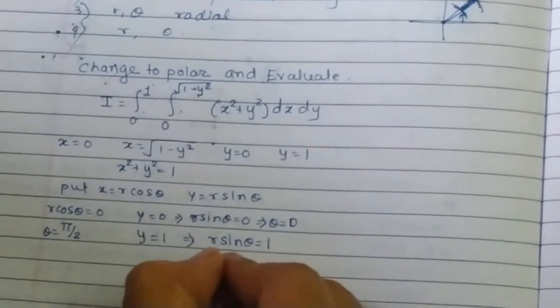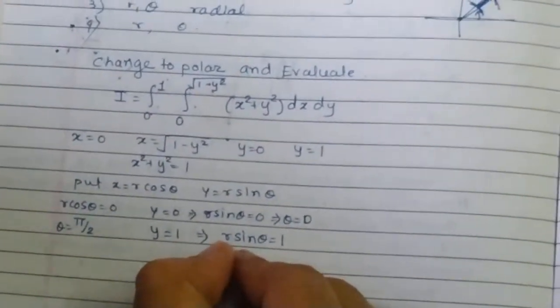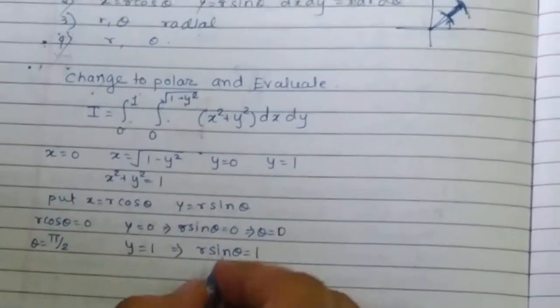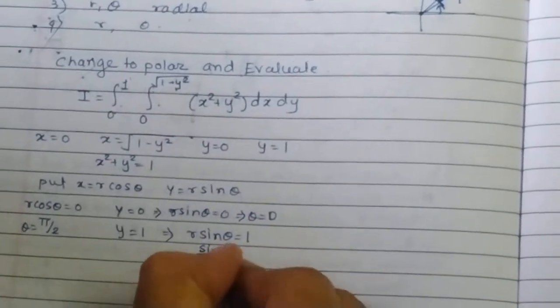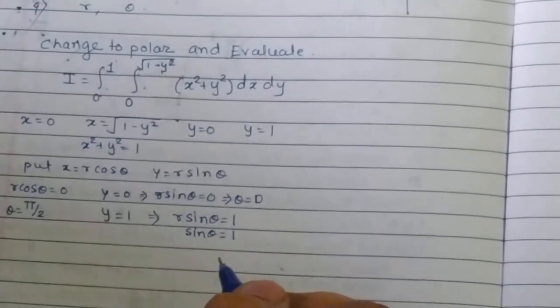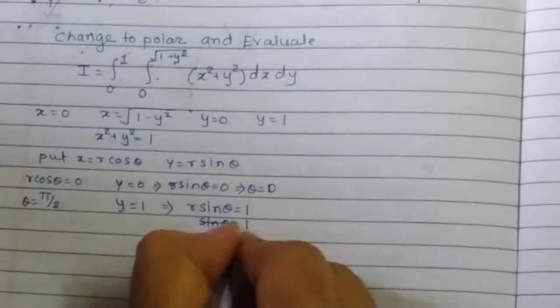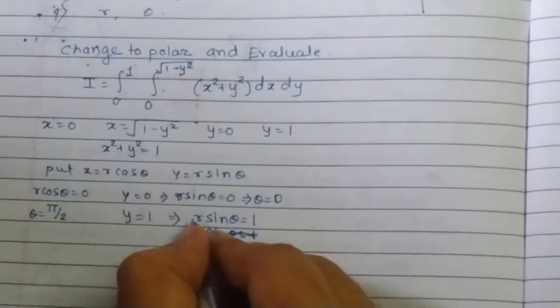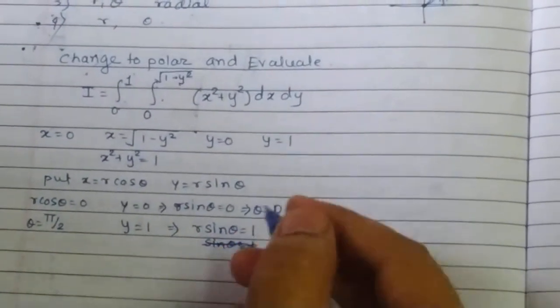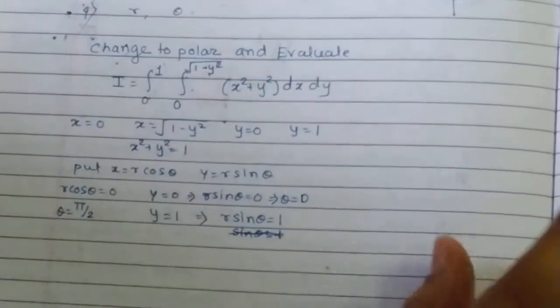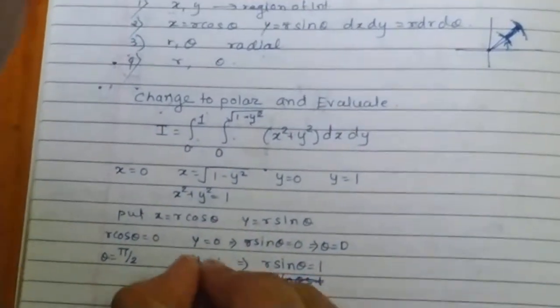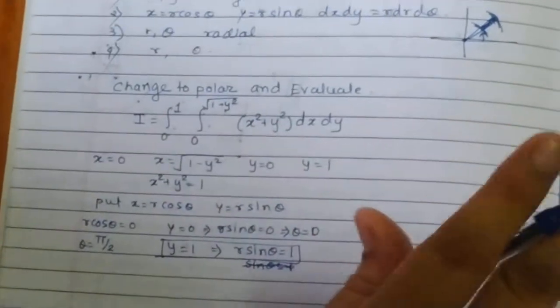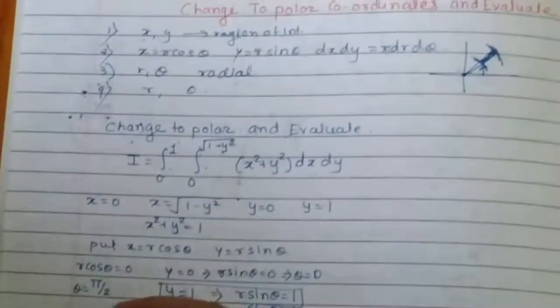Actually this part is not necessary for us, but still I can say that r sin theta is equal to 1, so one can write this as r is equal to 1 upon sin theta. But usually this change for this particular curve is not expected here, so we'll just leave this one.